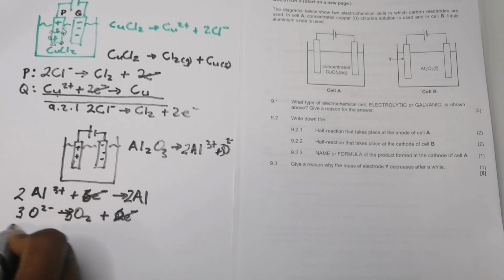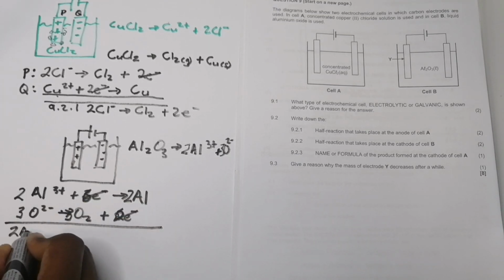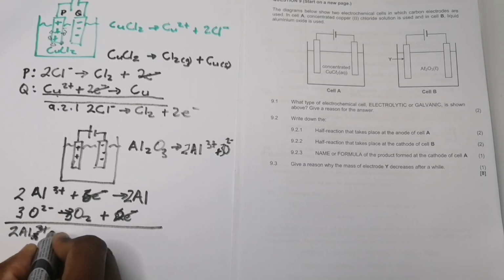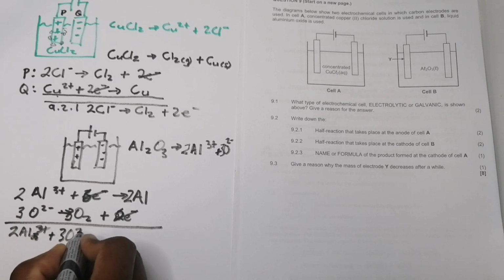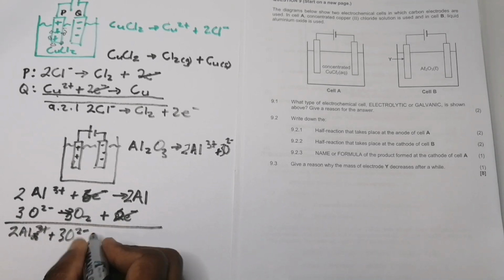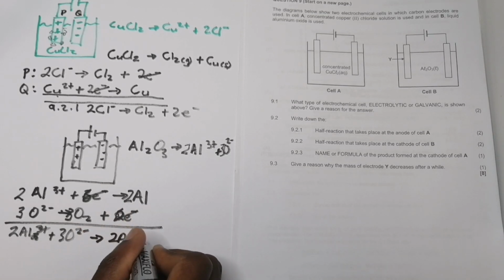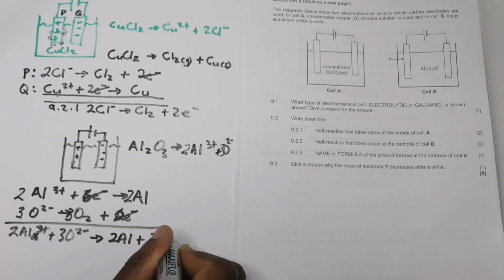So once they are equal, my net cell reaction would be 2Al3+ plus 3O2-.